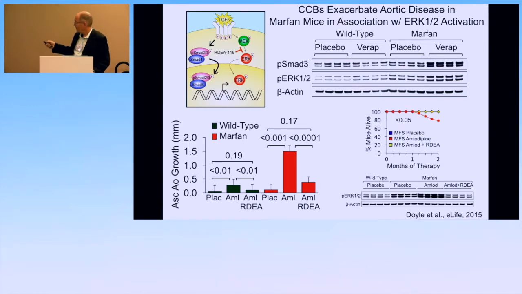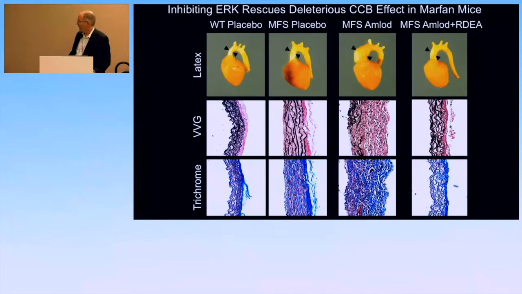This associated with full normalization of survival in calcium channel blocker treated Marfan mice, and also had the expected effect of suppressing abnormal ERK activation that occurs in association with calcium channel blocker use. So really a strong signal that ERK is the dominant driver of vascular disease in this mouse model.